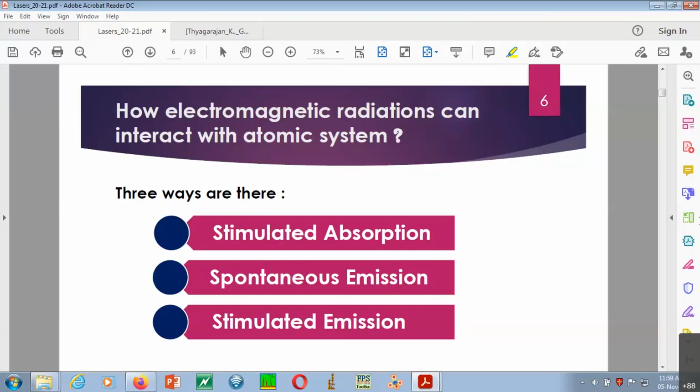That is what we are doing in the stimulated absorption process, because I need to generate laser light, and laser light can be generated when the transition happens from higher level to lower level. But how to reach the higher level? You require some energy. So you force the particle to get extra energy from some source and get excited and reach the upper level. That's the first process, stimulated absorption.